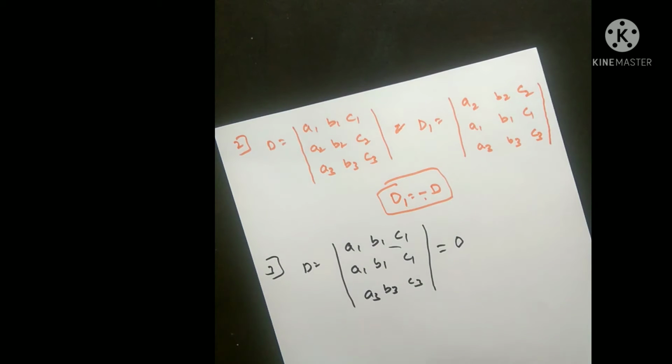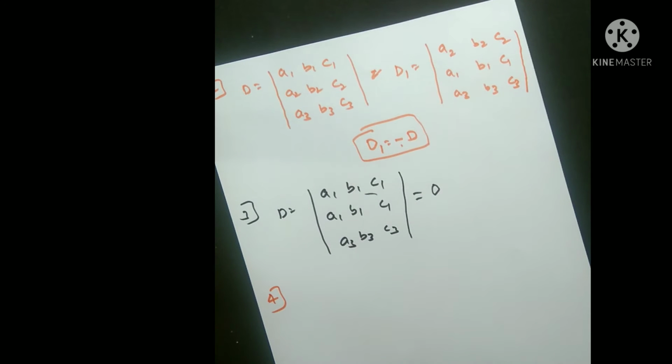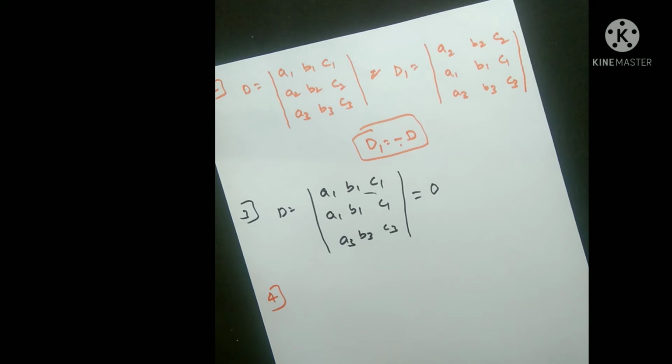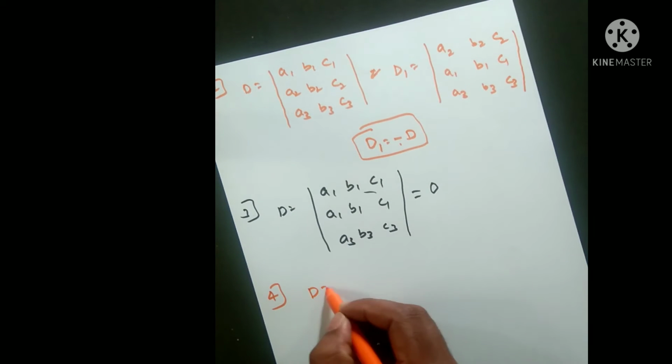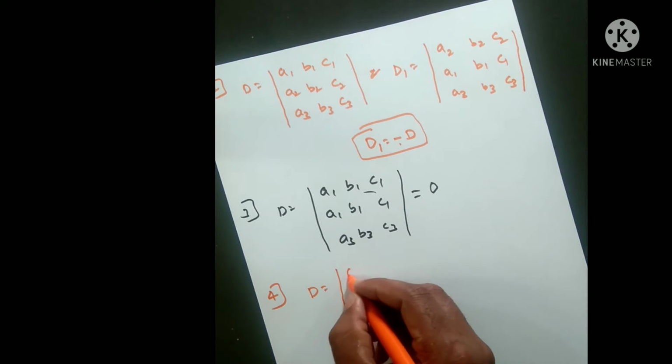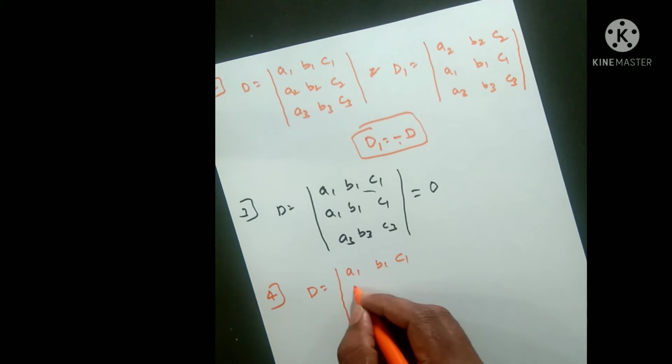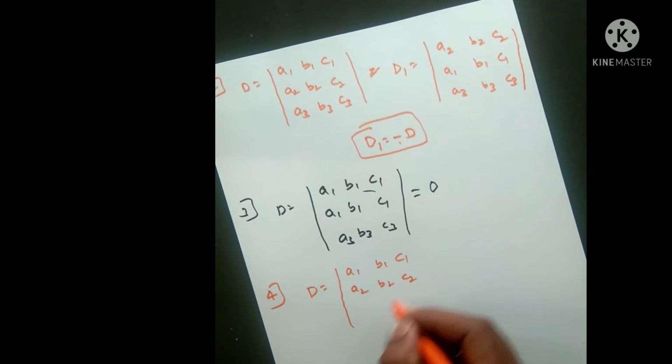Then the fourth one: if all the elements of any row or column are multiplied by the same number, then the value of the determinant is multiplied by that number. It means I take a determinant D with rows A1, B1, C1, A2, B2, C2, A3, B3, C3.